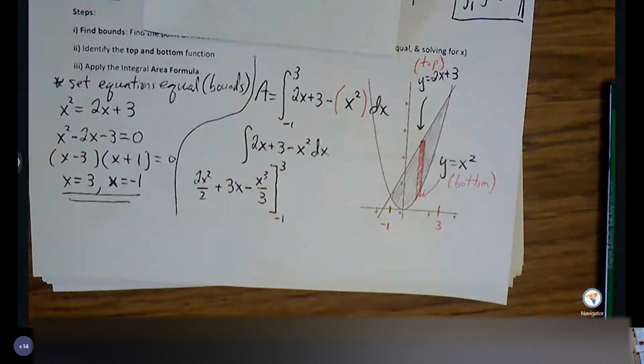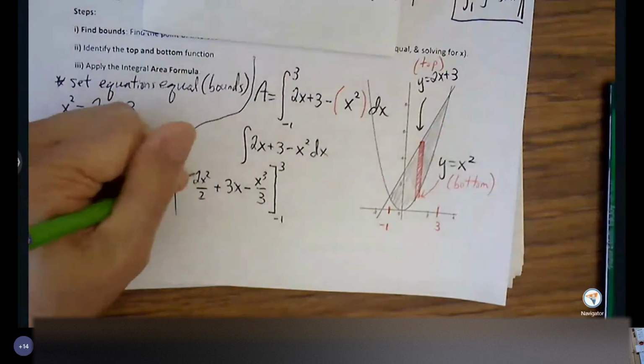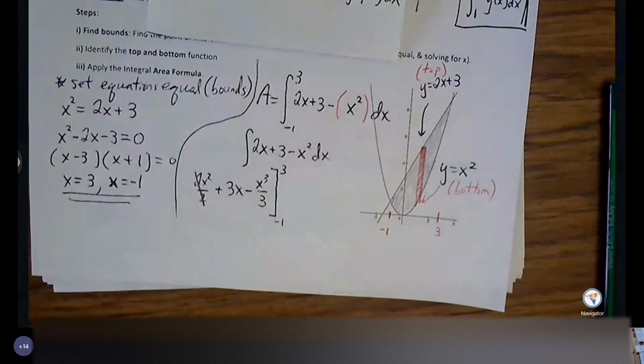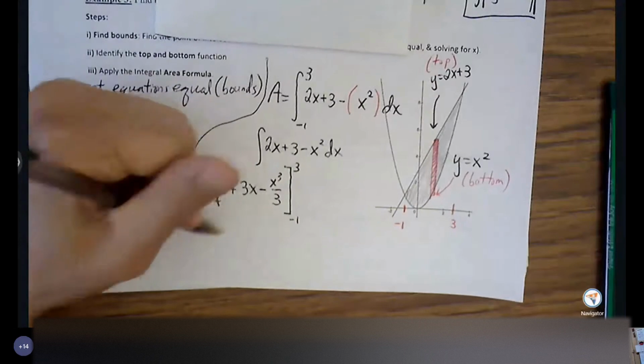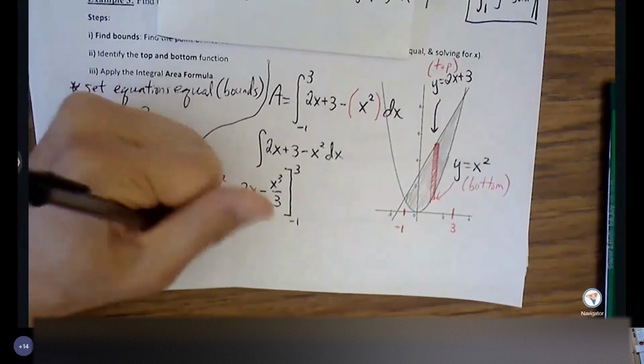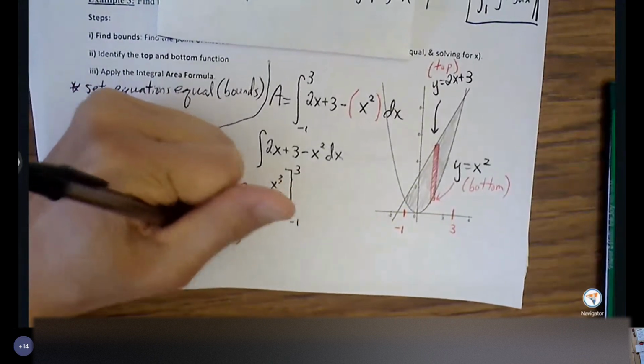Okay. Do a little bit of cleanup. I'm going to remove the 2's. Okay, which value do we enter first? Upper bound, right? Upper bound always gets evaluated first, so upper minus lower. So upper first in for all the x's.